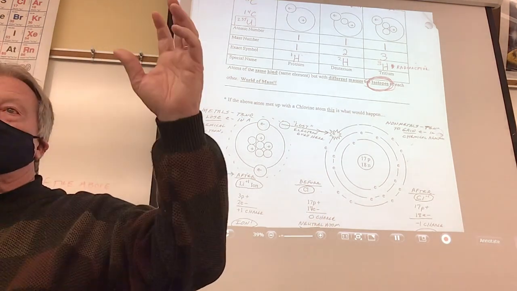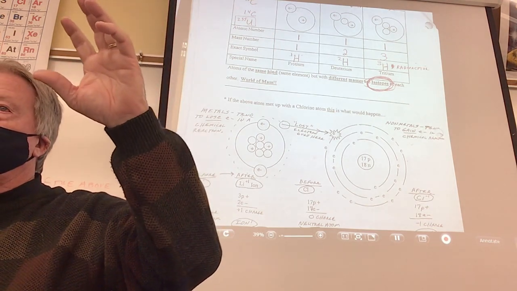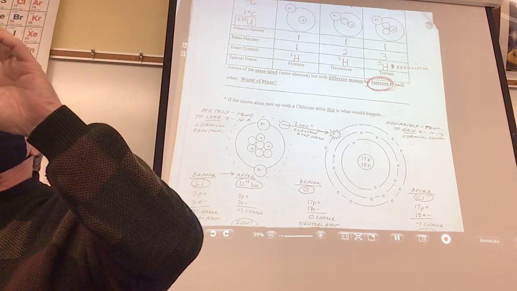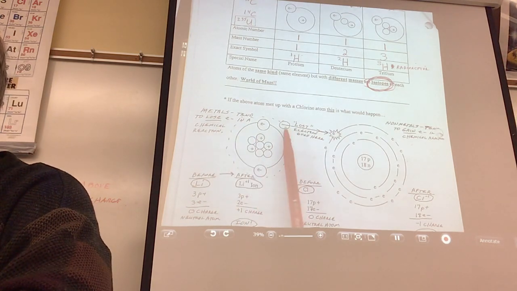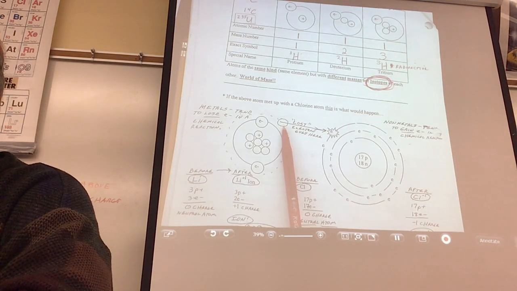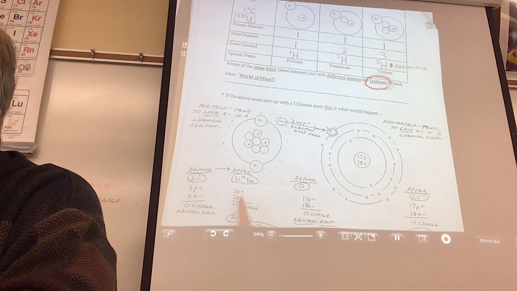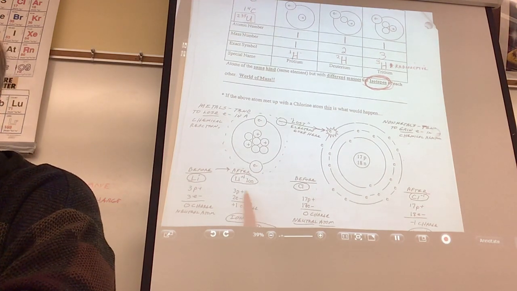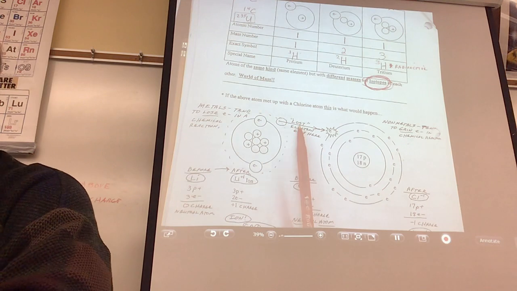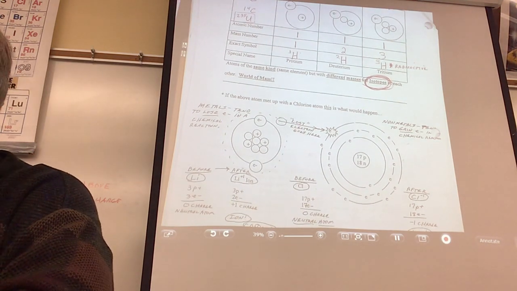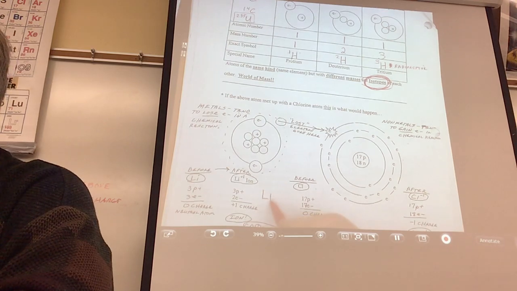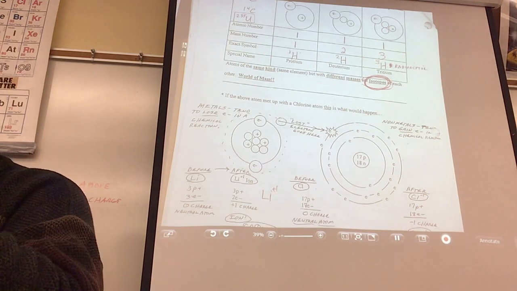But what happens when I bring lithium and chlorine together? The metal is going to tend to lose this electron. See it? Now, if you lose one of your negative electrons, what happens to lithium? Watch. Now he has 3 protons and only 2 electrons: plus 1. He becomes a lithium plus 1 ion.